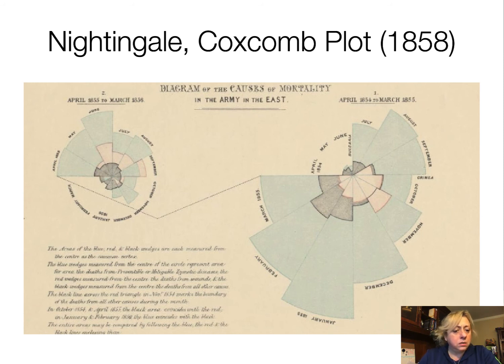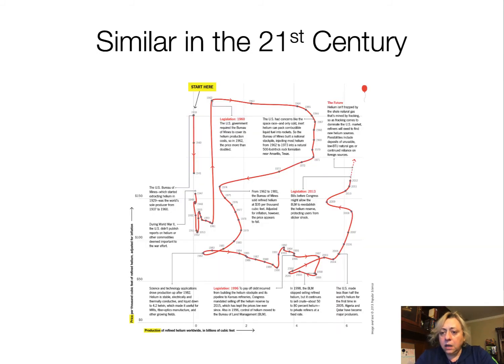We should talk about the Coxcomb plot. You see that it's now famous in Tableau to look at those. So in 1858, similar to a 21st century type of visualization, what they used to call here a connected scatter plot.